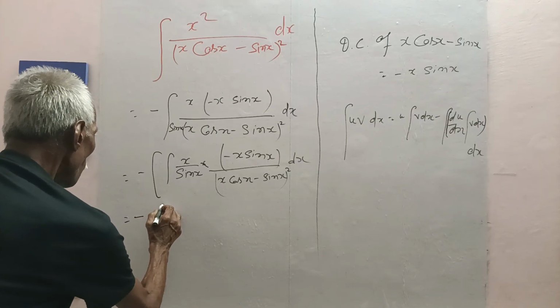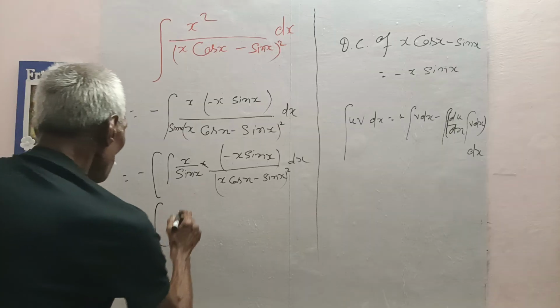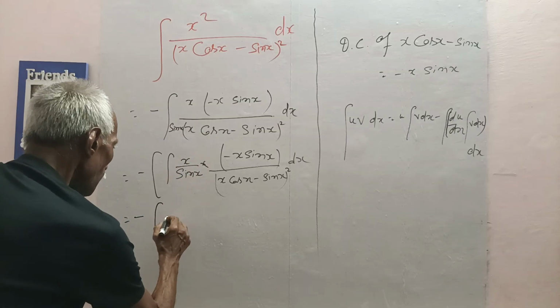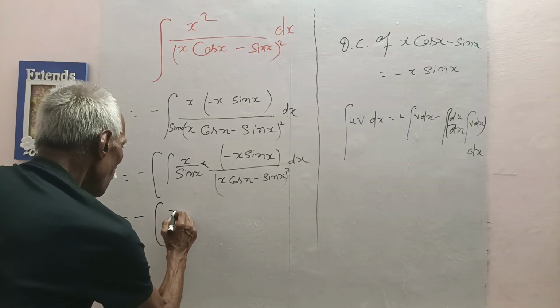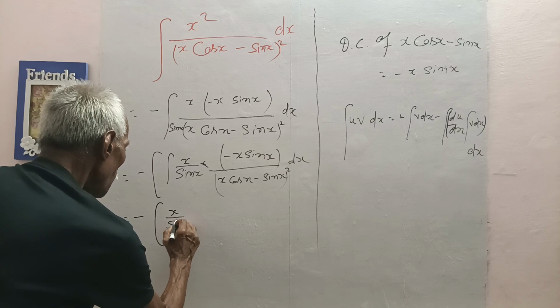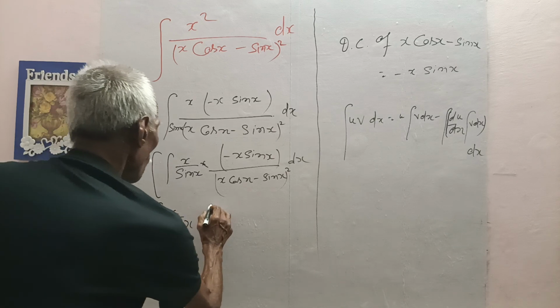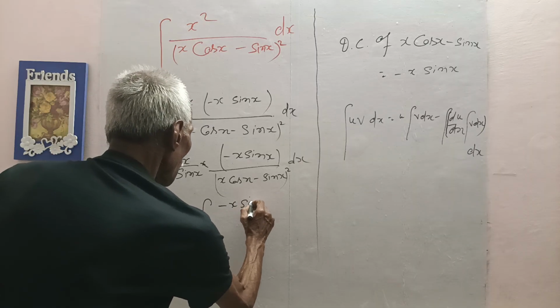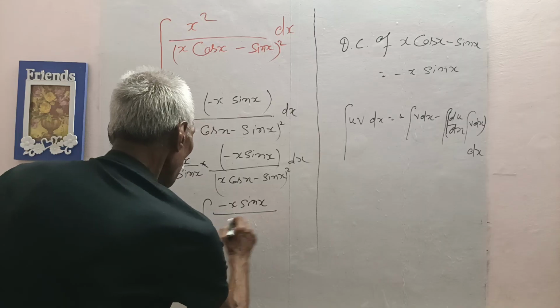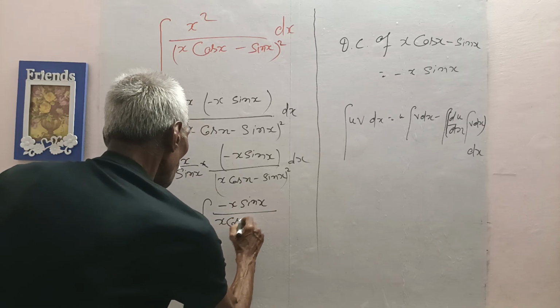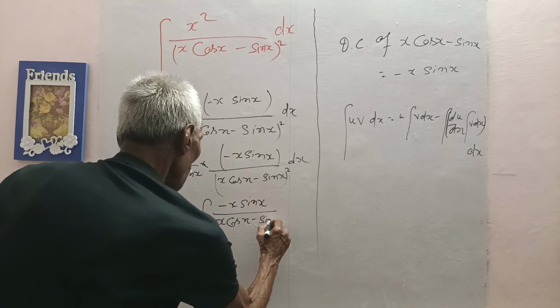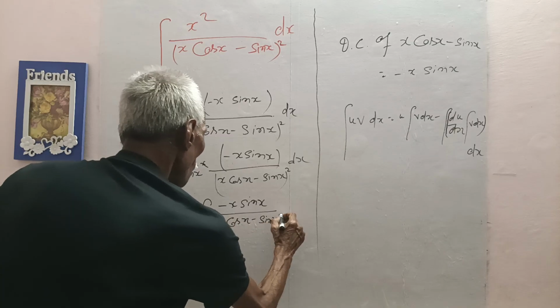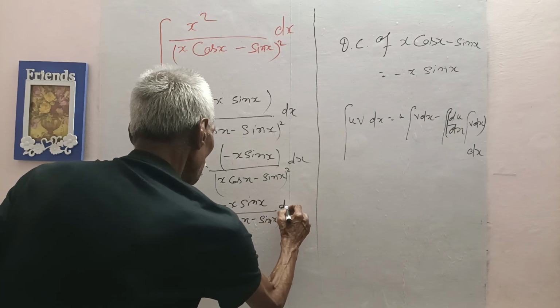Now this will be the first part, right here as x by sin x and minus x sin x by x cos x minus sin x whole square dx.